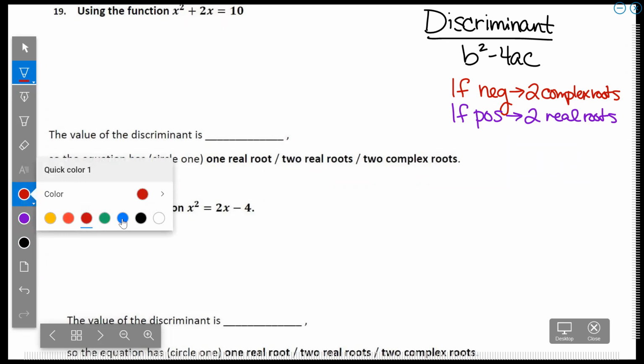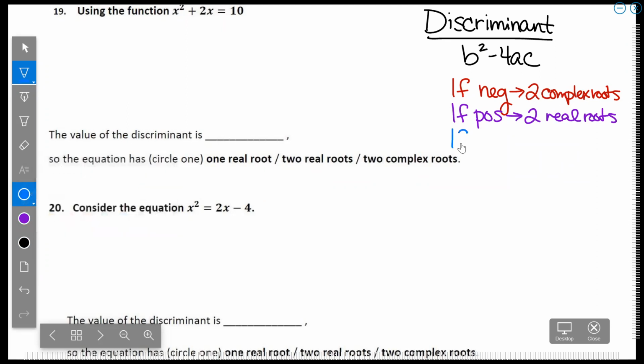And if you calculate the discriminant and it comes out to be 0, that means 1 real root. That means the vertex is the only thing that touches the x-axis.